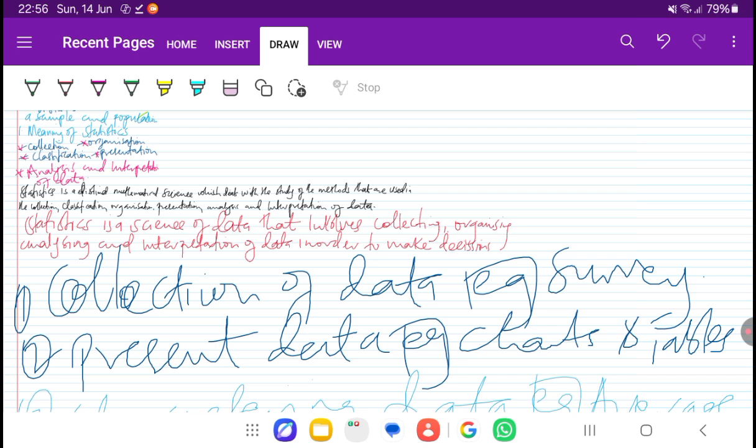Like if I look at the mean, I have to involve a formula. Mode, median, I have to involve a formula depending on how the data is. Because if I have just simple data, maybe 10 students, I will use a simple formula because the students are very few.